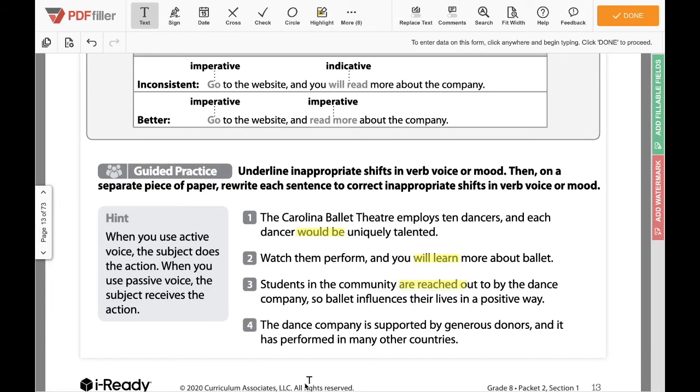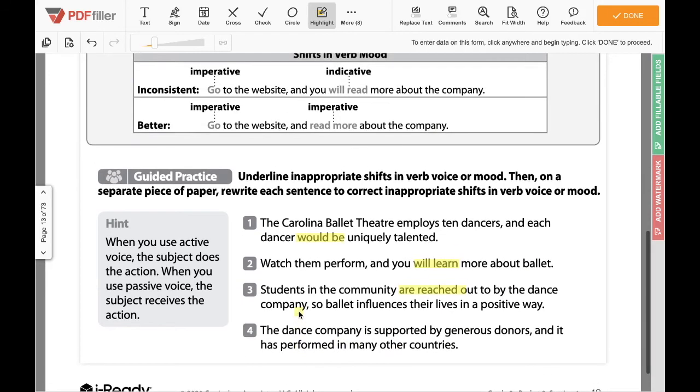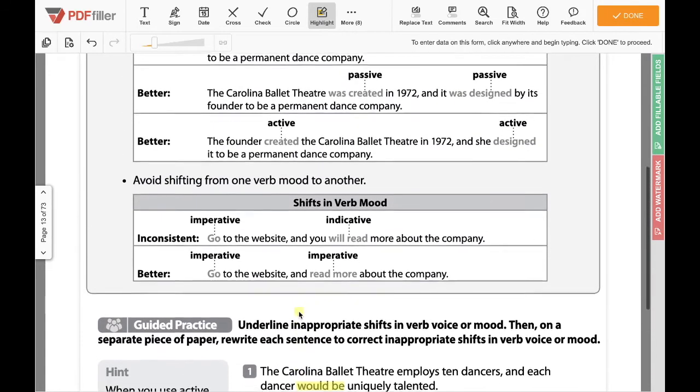So the dance company is supported by generous donors, and it has performed in many other countries. So we see that we have is supported, which is more of that passive voice. And then the has performed, which is more of that active voice.